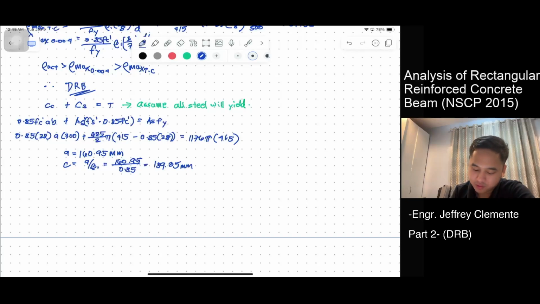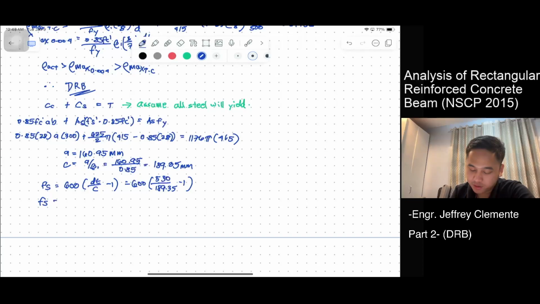Let's check. FS muna tayo, dun sa tension steel. Formula is 600 multiplied by dt over C minus 1. Therefore, that is 600 multiplied by dt, which is 530, all over C. What is C? 189.35 minus 1.